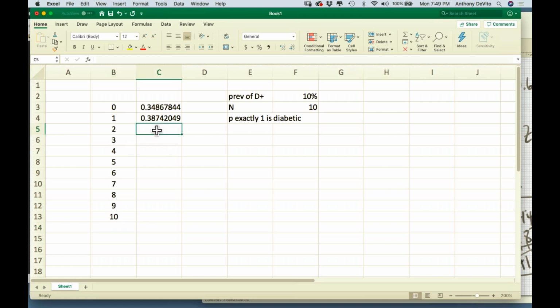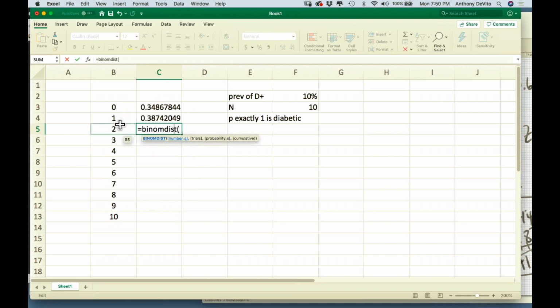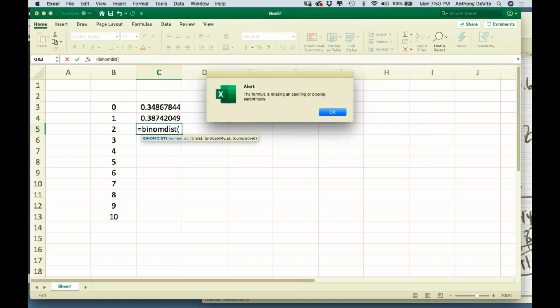And over here, I'm going to calculate it for 2 equals binom dist, parentheses, number of successes. Instead of putting in 2 now, I'm just going to click that cell.